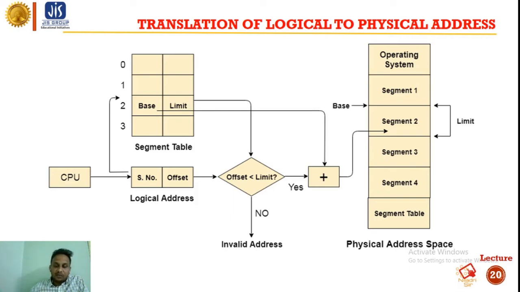Take an example: suppose the physical address is 12 bits, then the physical address space will be 4K words. And if the logical address is 13 bits, we can say that the logical address space will be 8K words, and the page size will be the same as the frame size, that is 1K words.